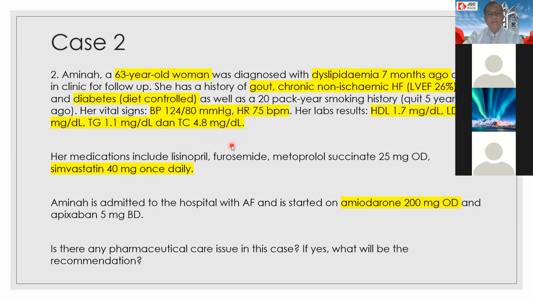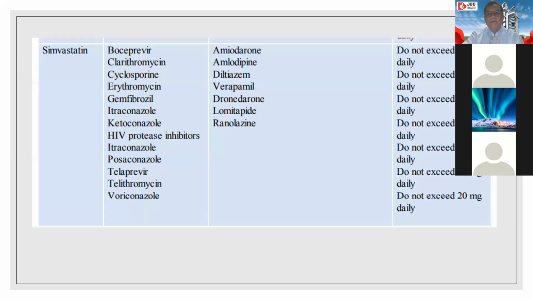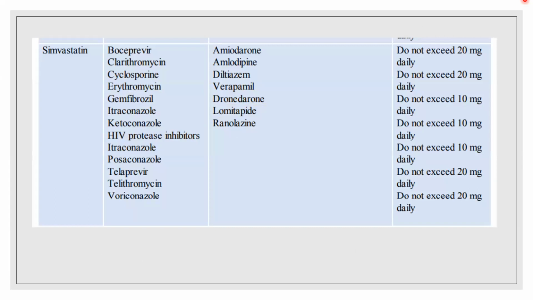Yes. About the drug interaction, simvastatin with amiodarone, do not exceed 20 mg daily. All right, so you are correct. Ivy, you suggested the doctor lower it to 20.